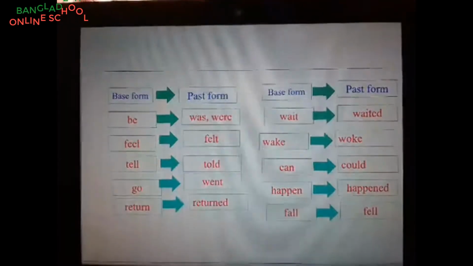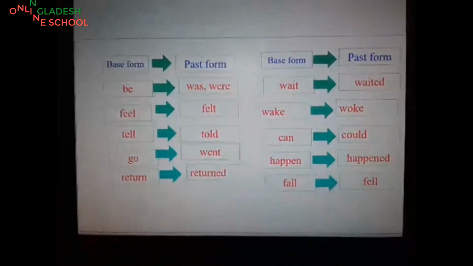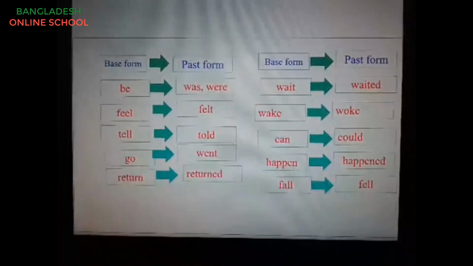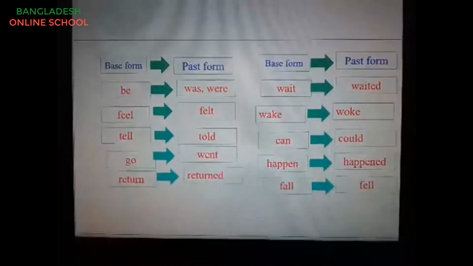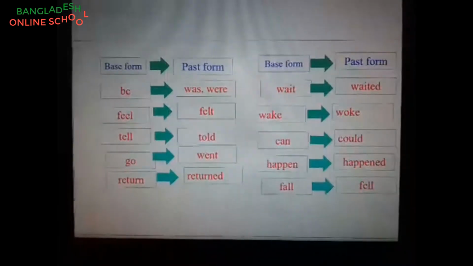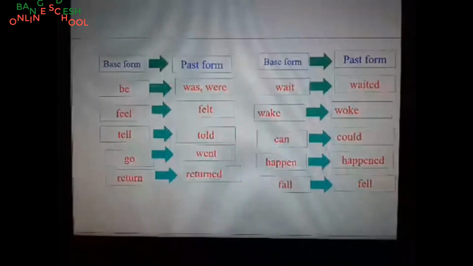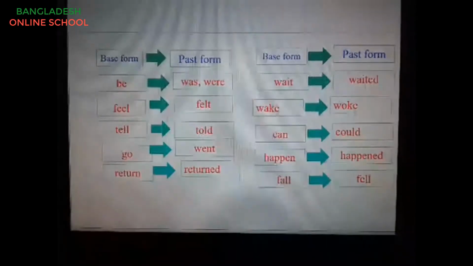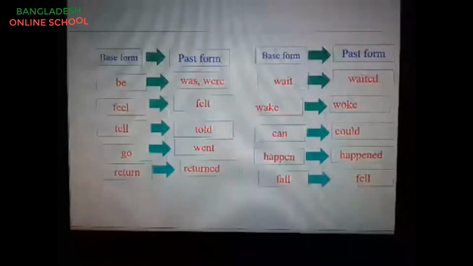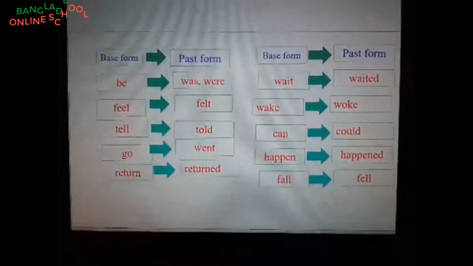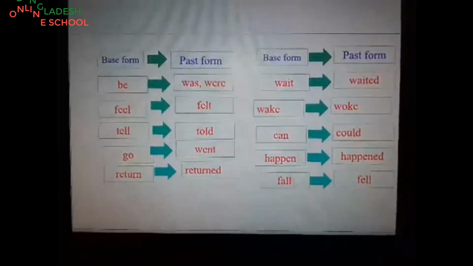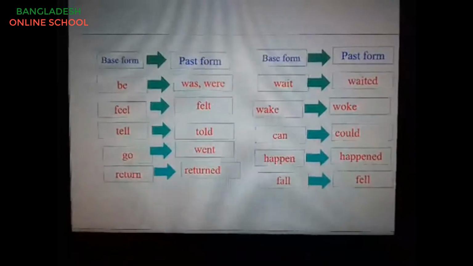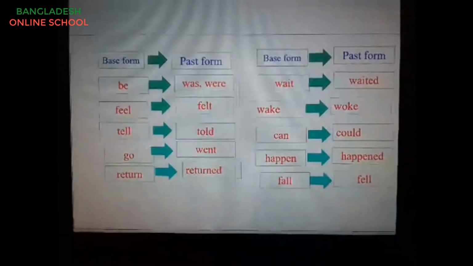Here you can see base form and past form. Be is base form. Was, were are the past form. Students, you should know was is used with singular subject, were is used with plural subjects.